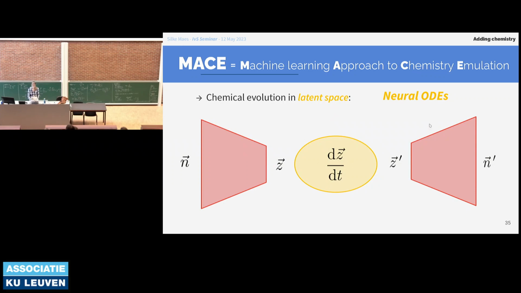The neural ODEs are to do the time evolution, but we can also try not to use an autoencoder, and just use neural ODEs maybe on the full parameter space, which is 500 input species already. We've thought about that, and maybe we can try it.